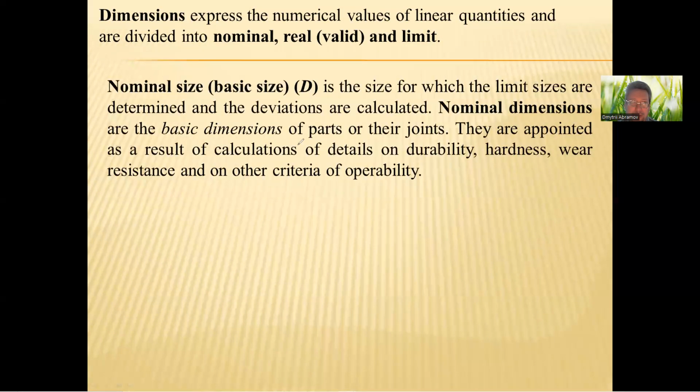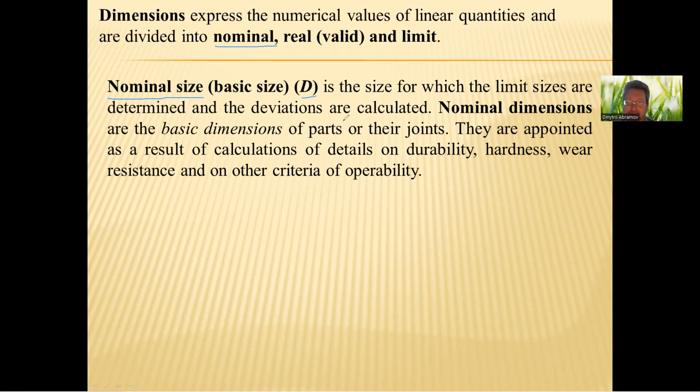So, the first type of dimensions is nominal. Nominal size or basic size D is the size for which the limit sizes are determined and the deviations are calculated.